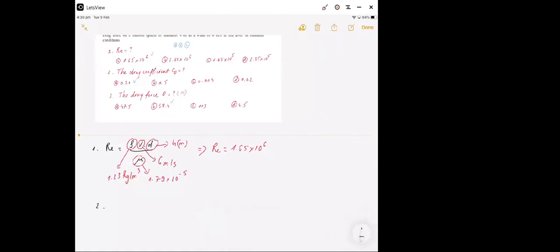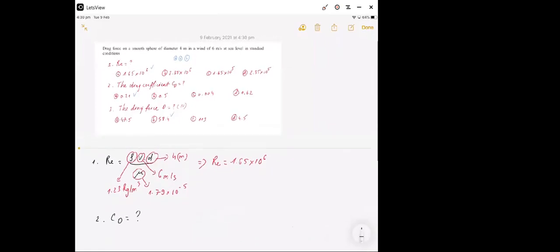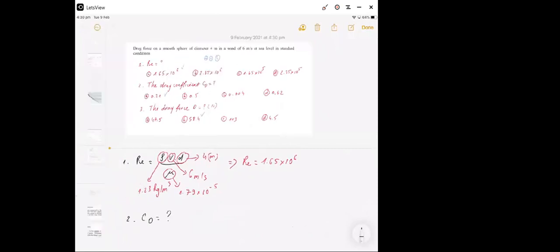The drag coefficient CD. CD for a smooth sphere with Reynolds number 1.65 times 10 power 6.